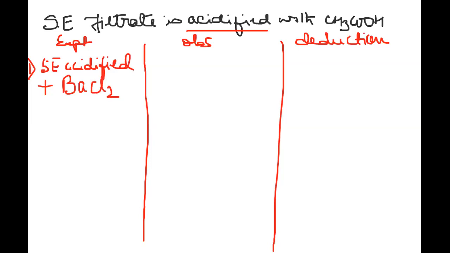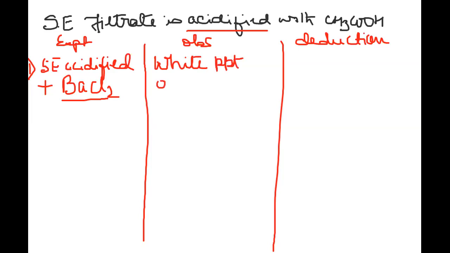Barium chloride is a reagent for what? It is a test which will help us find out whether the sulfate radical is present. When I add barium chloride to the sodium extract acidified with acetic acid, a thick white precipitate, or dense white precipitate, you can write.